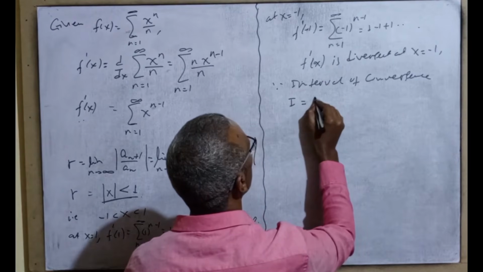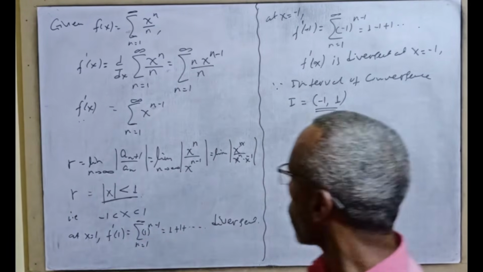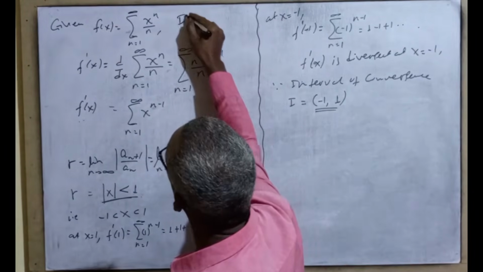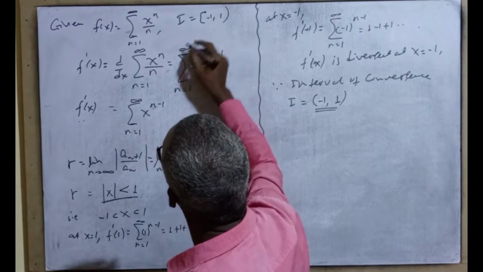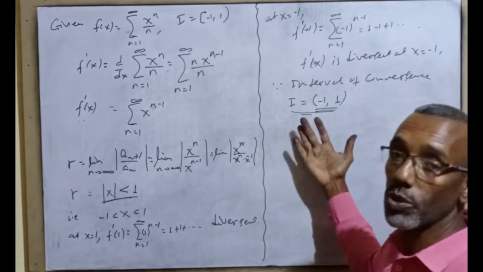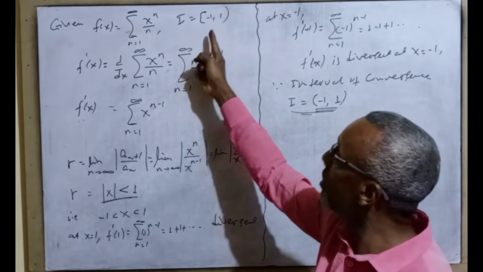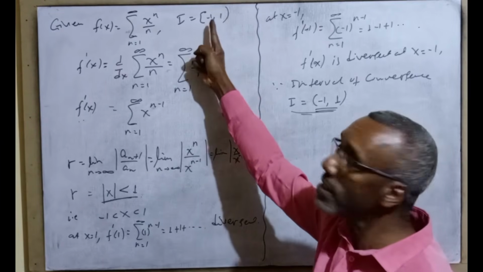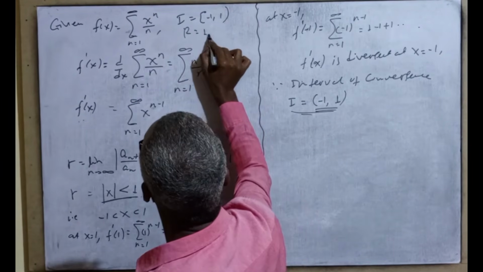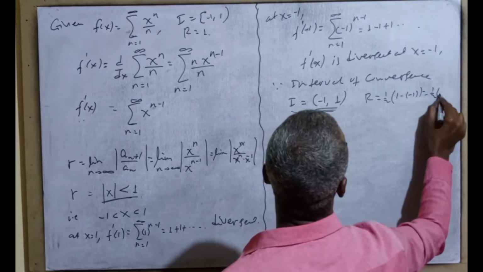I is equal to (-1, 1) for the derivative, exclusive at both ends. For the original function, the interval of convergence is [-1, 1), inclusive at -1. So even though they have the same radius of convergence, the radius of convergence is half of this, 1 minus -1 is two, and two divided by two is one. Here also r is equal to 1 over 2 times (1 minus -1), which is 1 over 2 times 2, which is equal to 1.